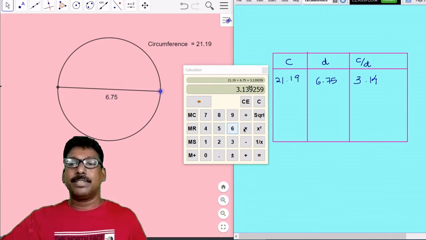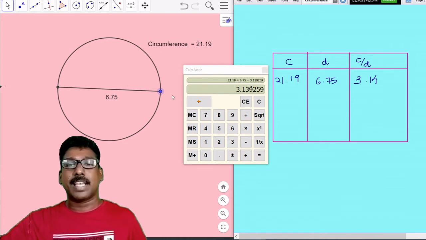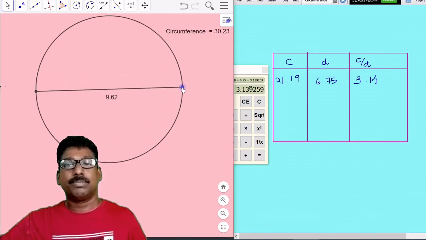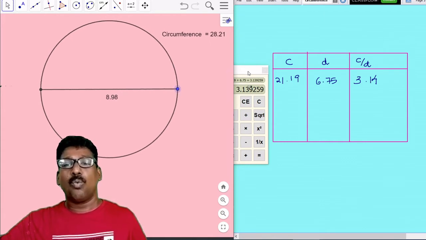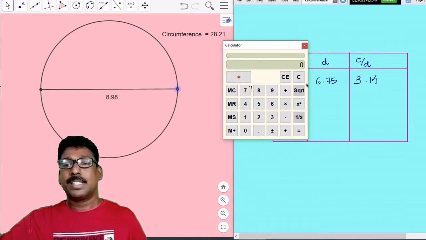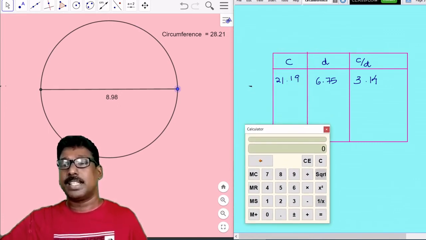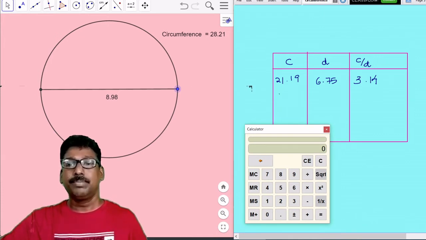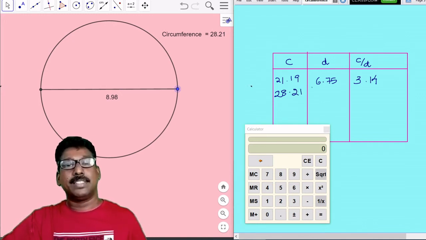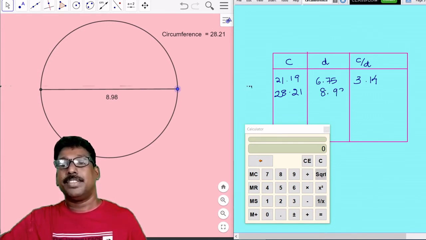Now let me increase the size here. What is the circumference? It is 28.21, and what is the diameter? 8.98.